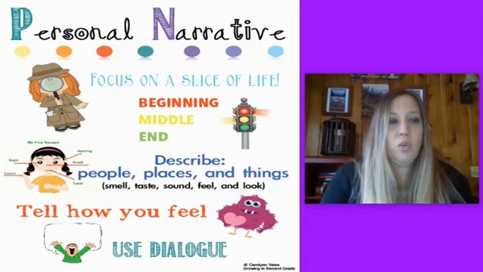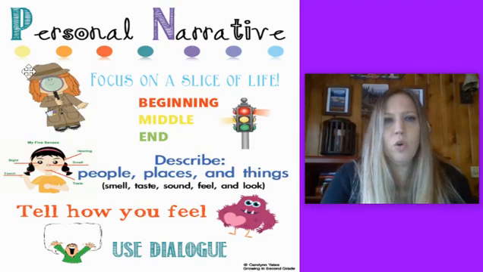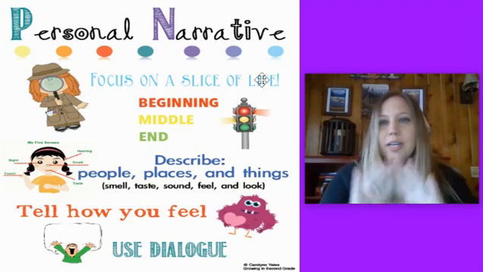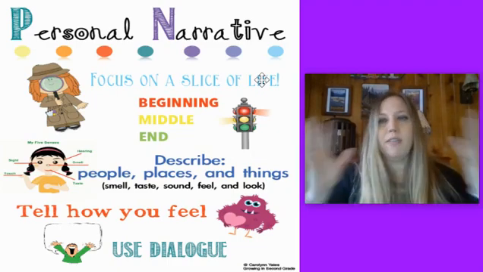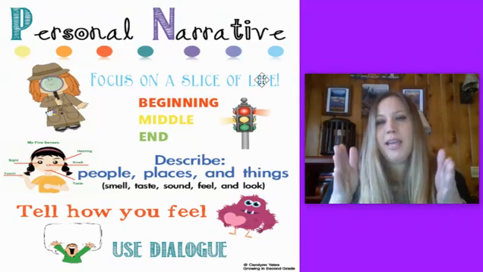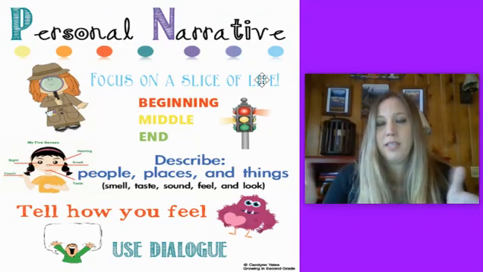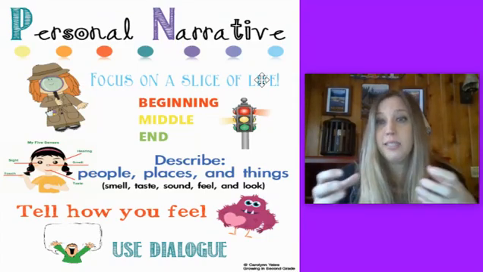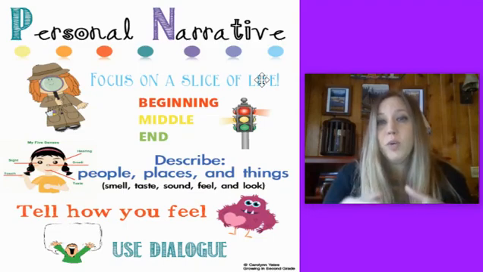So you are going to focus on a slice of life. So you're not going to tell the story of everything. You're not going to be able to include all of that, but you're going to focus on an event or a series of events that happened in a setting, in a time period, and you're going to focus on that. You're going to talk about that.